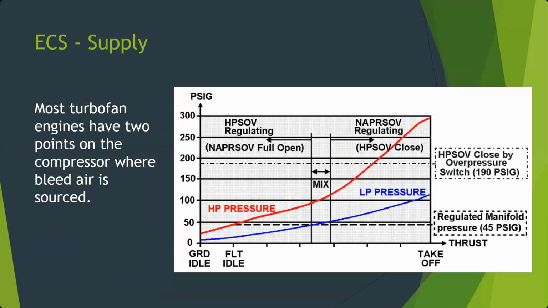This is why, because you just don't have enough available. Okay, but at flight idle and above, we can make that ideal pressure that we need. Okay, and even a little bit above that, you can see we're still going to run off the high pressure side, high pressure shutoff valve, and we're going to regulate it down. We're going to have a regulator there.